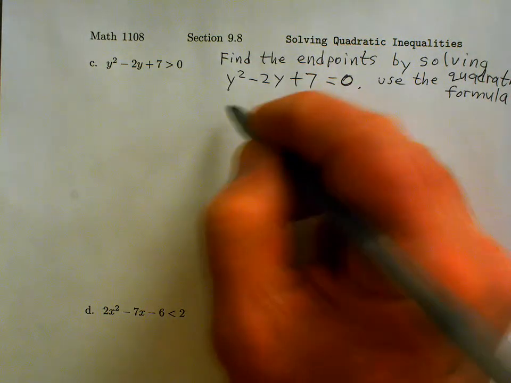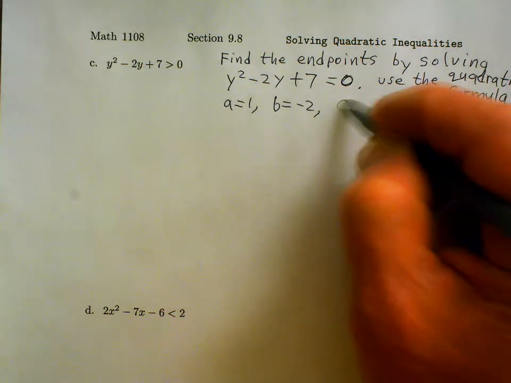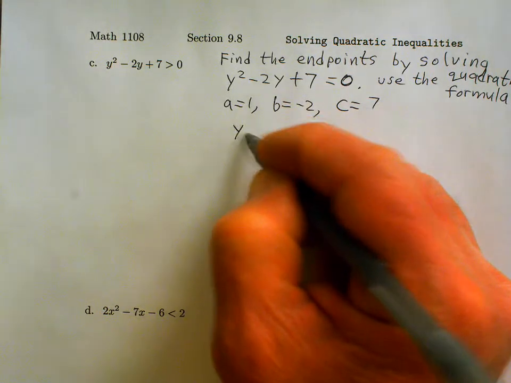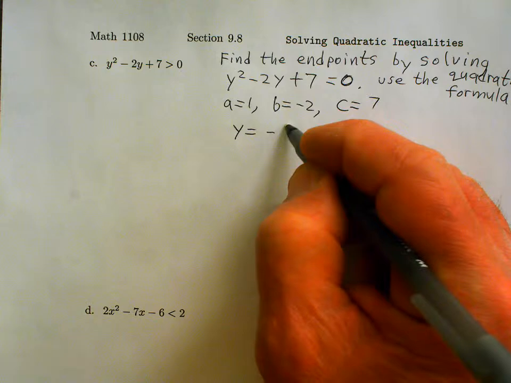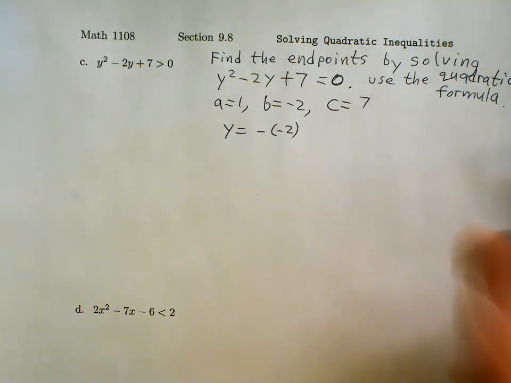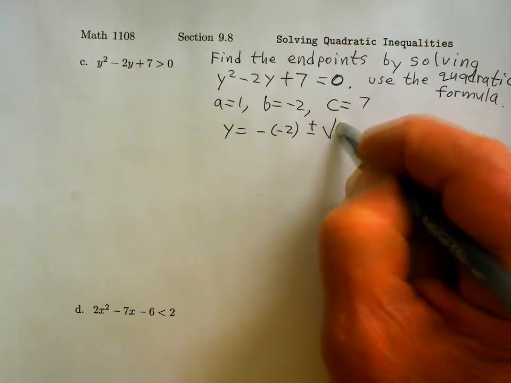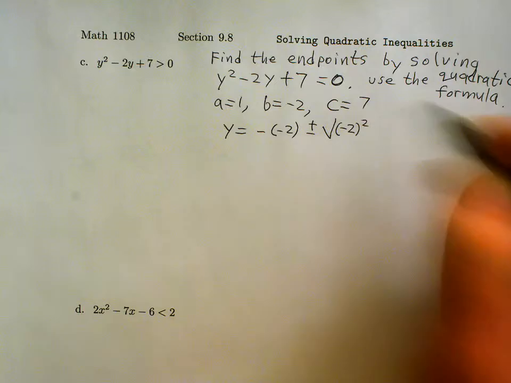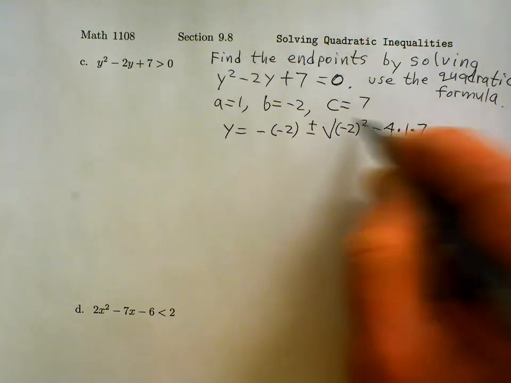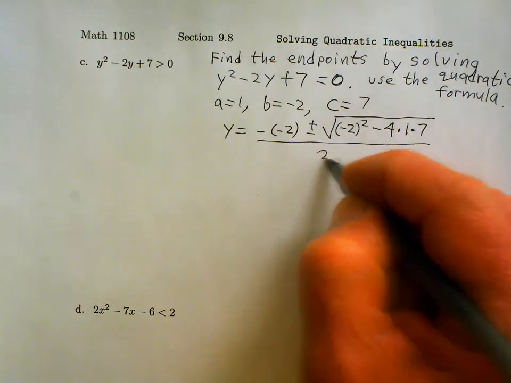For this one, a is 1, b is -2, and c is 7. So y equals the negative of -2 plus and minus the square root of the number -2 squared minus 4 times 1 times 7, all divided by 2 times 1.